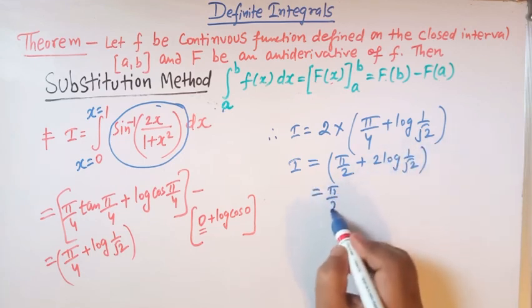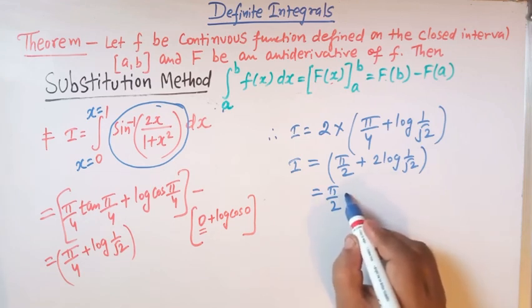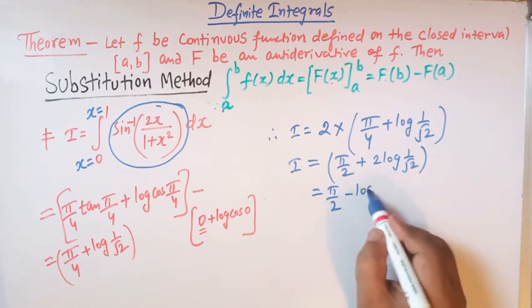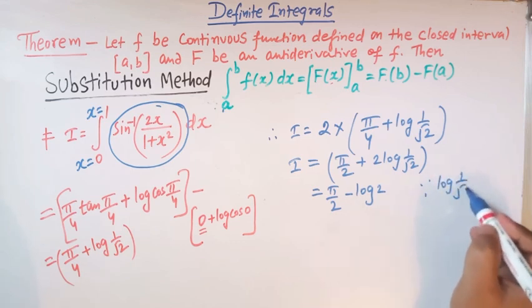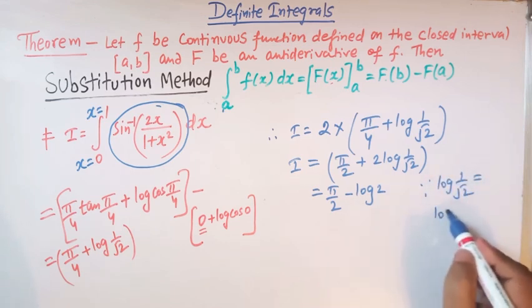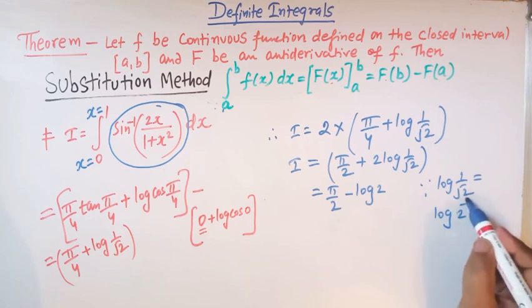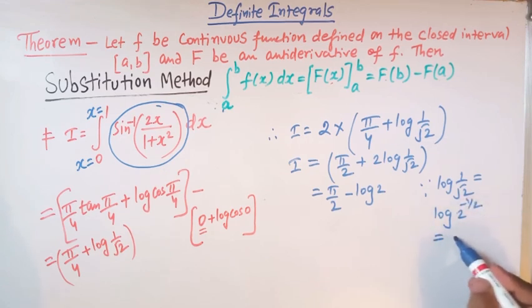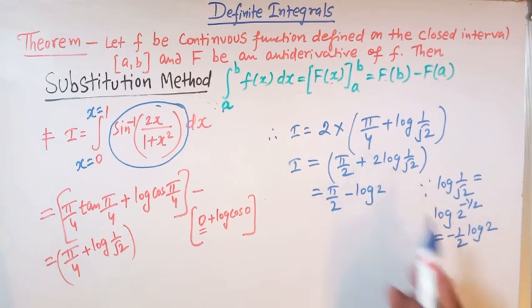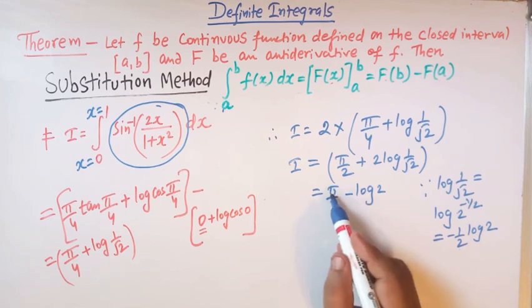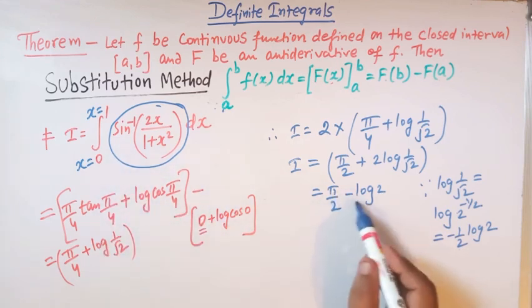So this can further be written as minus log of 2, because log of 1 over square root of 2 can be written as log 2 raised to minus half, which can be written as minus half log 2, and this 2 and this 2 get cancelled. So we have the final answer as pi by 2 minus log 2.